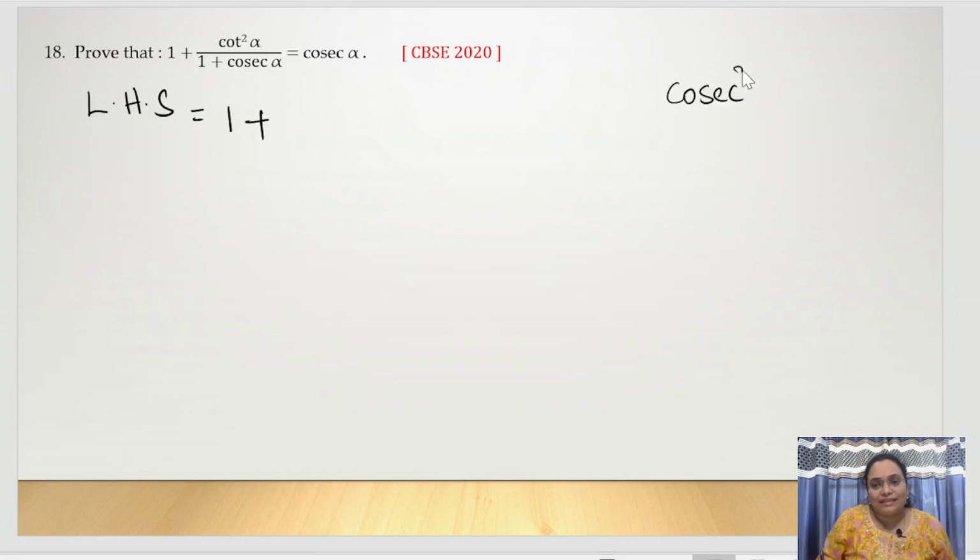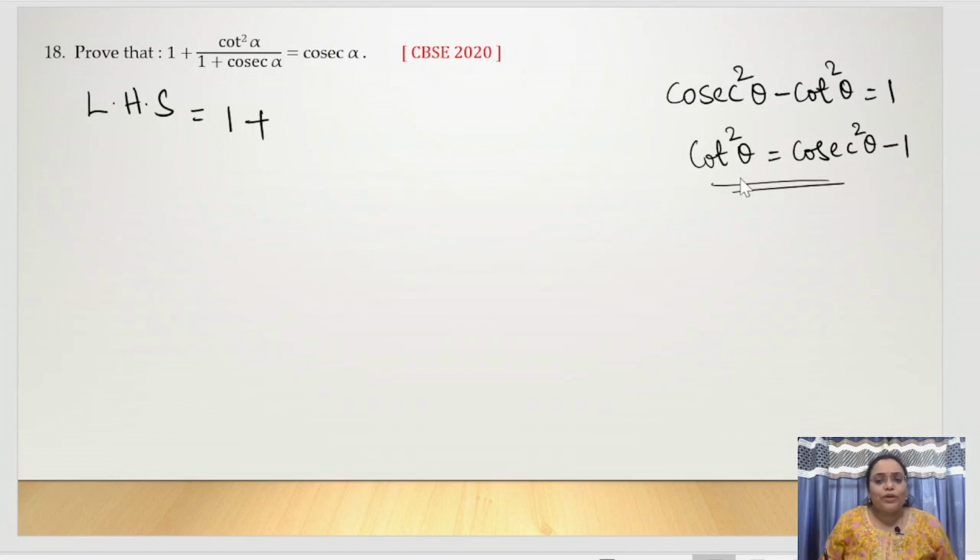We have an identity cosecant square theta minus cot square theta is equals to 1. From here, if you want cot square theta, we can get cot square theta is equals to cosecant square theta minus 1.